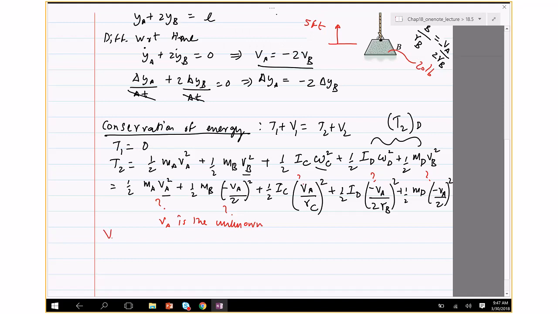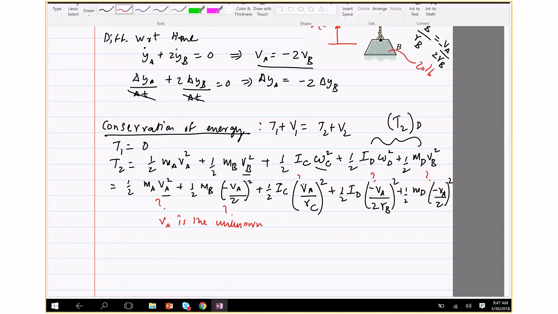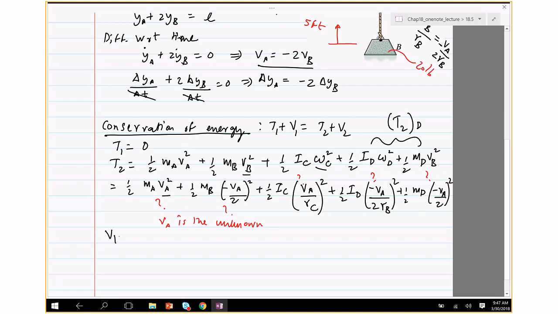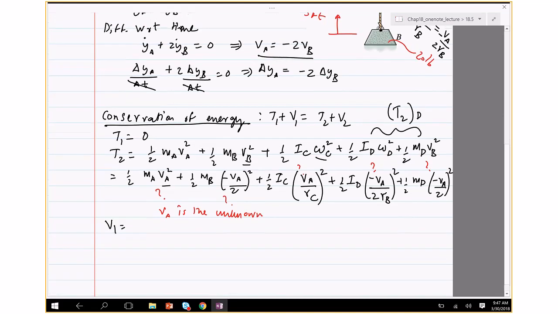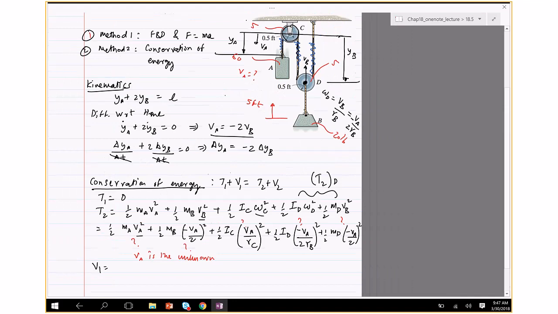So then I need to write V1. Okay, so I've got to choose a datum. Well, let me just choose this as the datum.